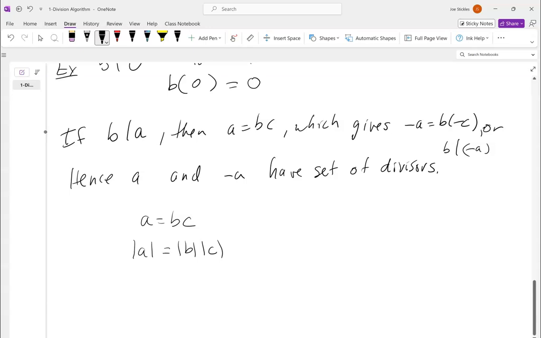So we would have absolute value of A is equal to absolute value of B times absolute value of C. So this would tell us that the absolute value of B would divide absolute value of A, which is not a huge surprise. But it also tells you something else.